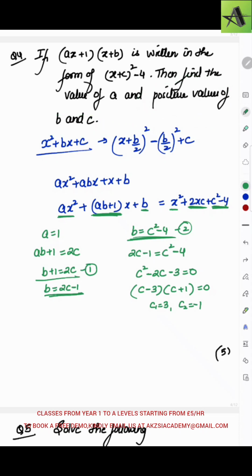So we are considering only positive 3. So c is 3. Now we have c as 3, put it here. So b is equal to 3 squared minus 4, which is 5. So finally we got a as 1, b as 5 and c as 3.